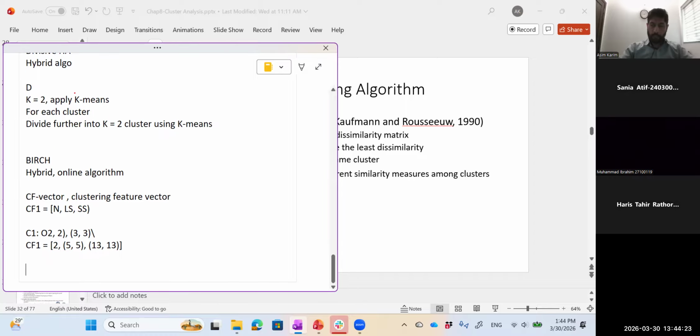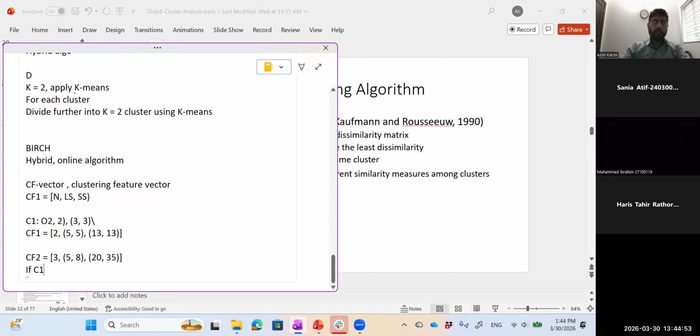Okay, I'll just mention one other thing that we'll discuss in the next class. So let's say आपके पास एक और cluster है, CF2. उसमें let's say 3, or I don't know, I'll just take some random numbers, 5 and 8, and let's say 20 and 35. If you merge cluster 1 and cluster 2, the new CF is simply the sum of these two clusters.